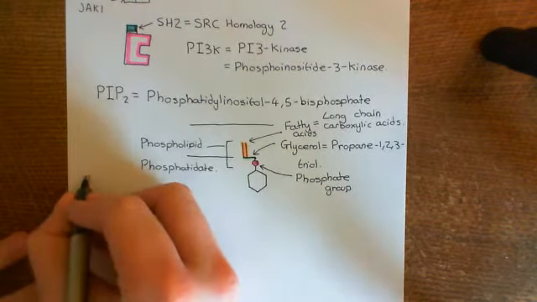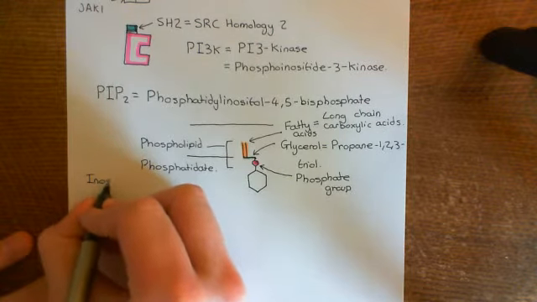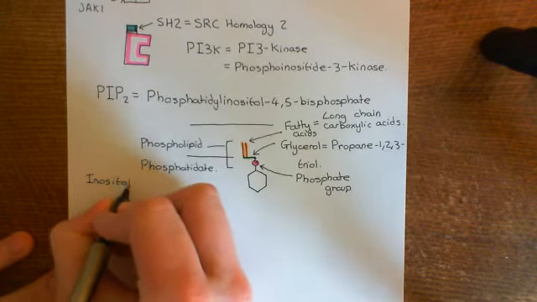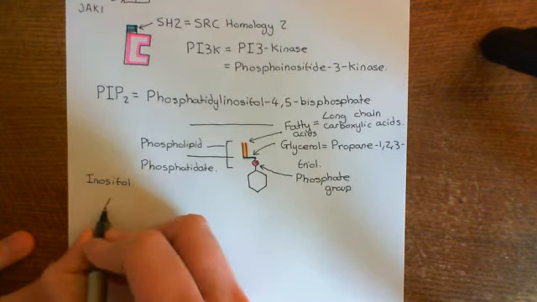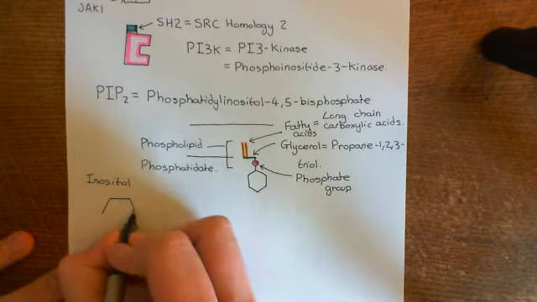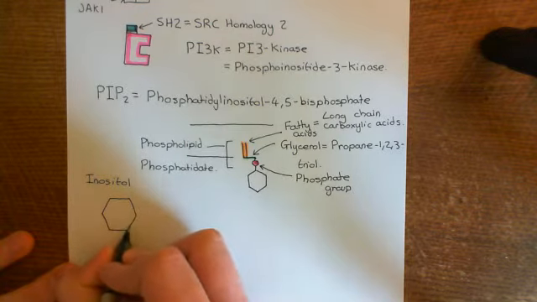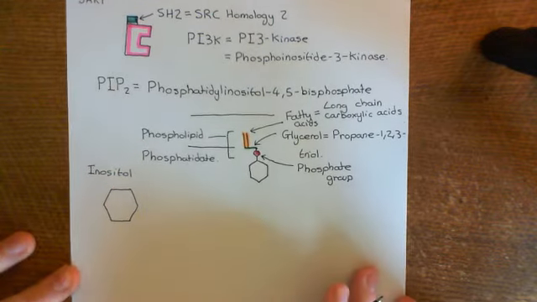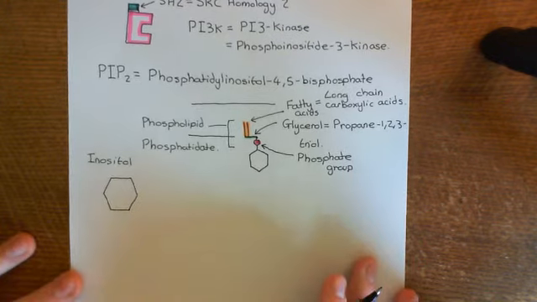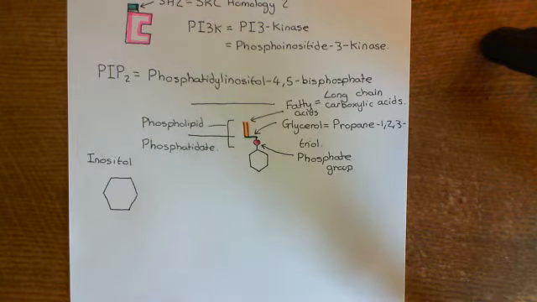Okay, so what is an inositol ring? Let's just discuss over here what an inositol ring actually is. An inositol ring is a 6-membered carbon ring, and I'll draw a skeletal formula here. Remember, in skeletal formulae we don't show carbon atoms, we show them implicitly as corners, and we don't show hydrogen atoms coming off carbon atoms, but we show everything else.